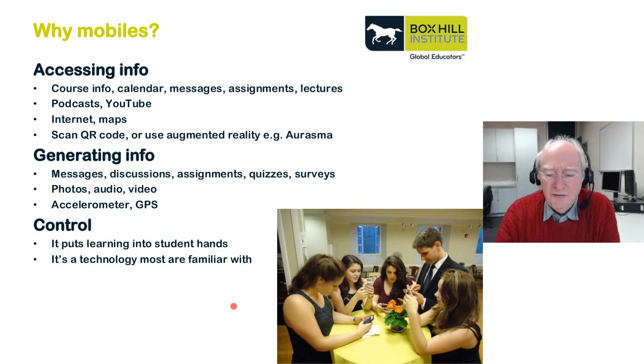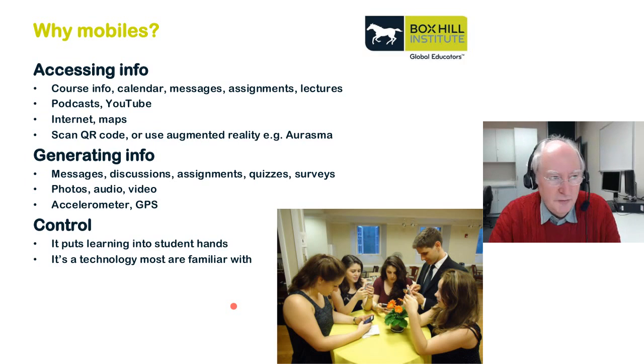Okay, so that's accessing existing information, but what about generating new information? Well, they can be creating discussions and messages, and they can be doing some assignments, quizzes and surveys, but also the camera and the microphone can be generating photographs and audio and video. Video we'll talk about later on, but in small doses.